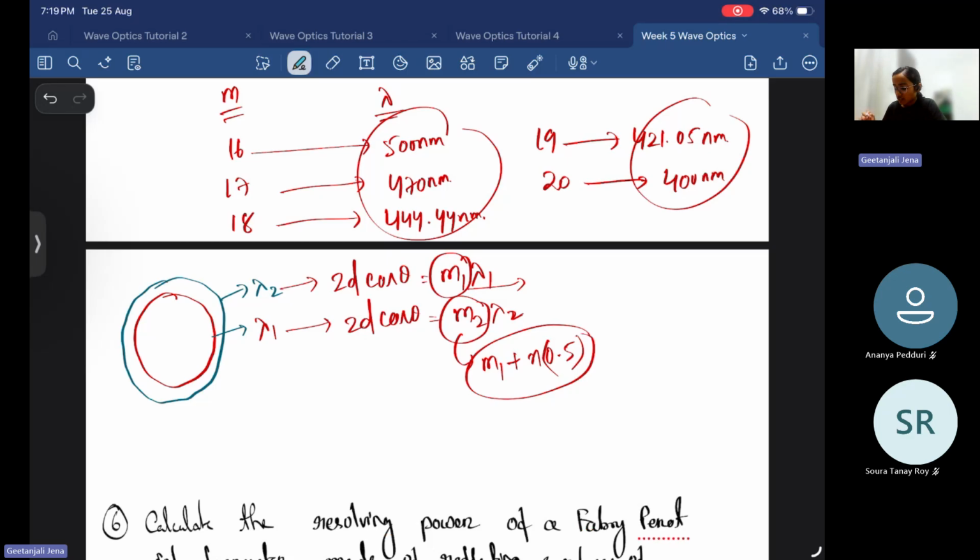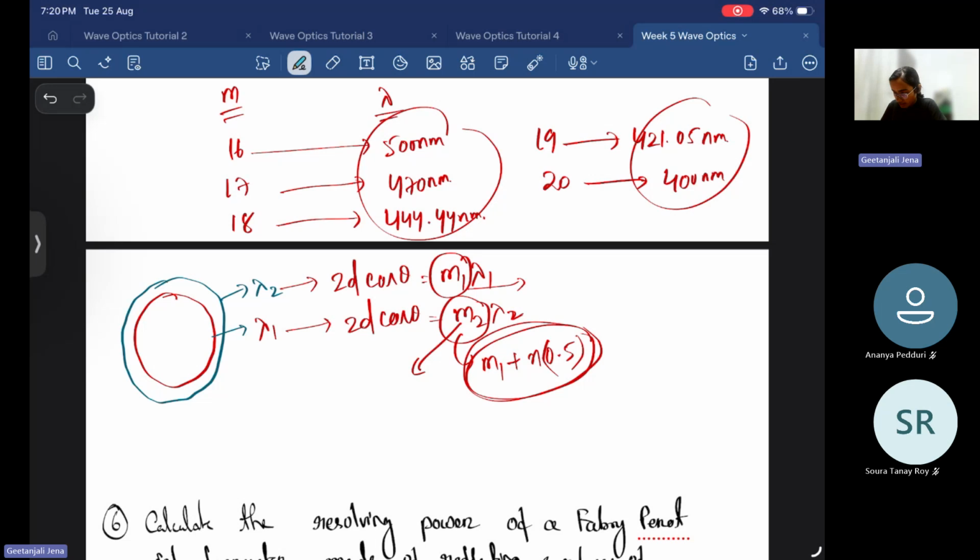What I mean is that the orders for these two rings are not the same. Even though m2 is an integer, if you express it in terms of m1, you find it is m1 plus some multiple of 0.5.